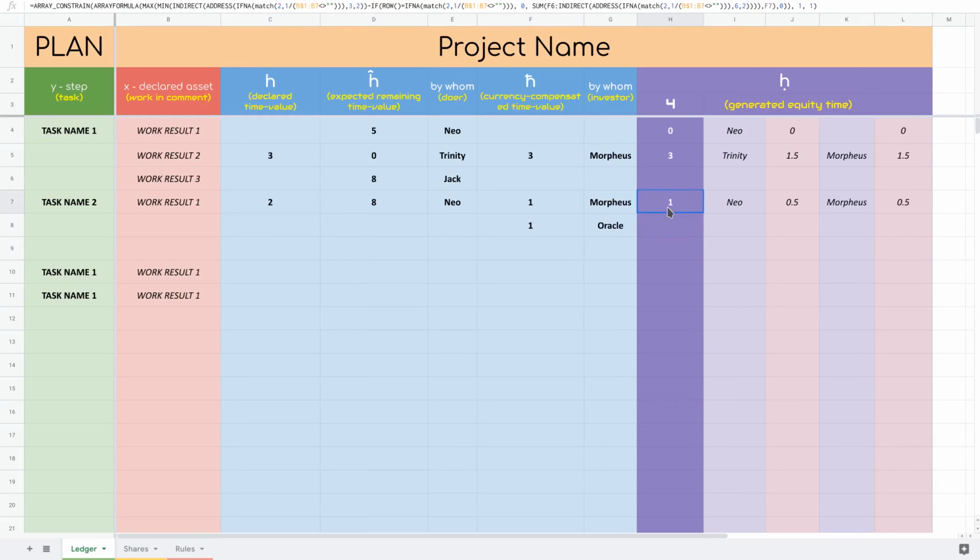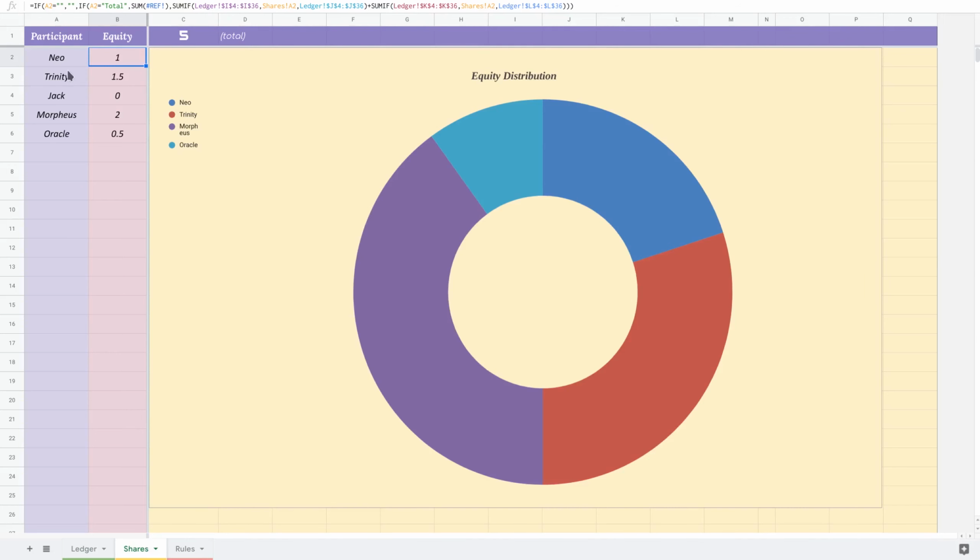You can see that this way Oracle together with Neo generated another one share that they shared equally between each other, and you can see their share distribution. Now Oracle owns 0.5 and Neo owns 1.